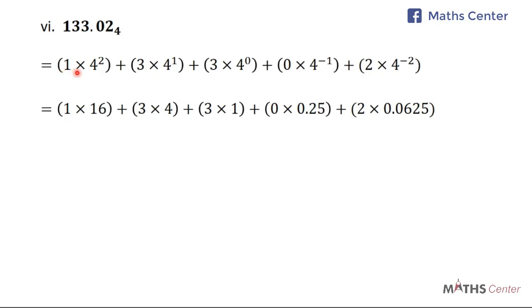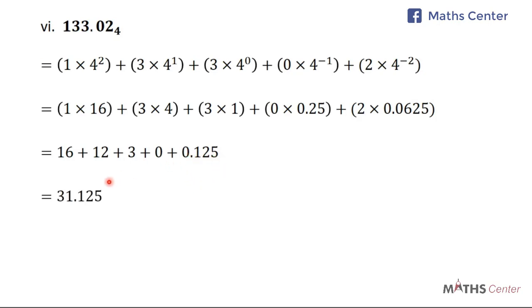So we have 1 times 4 exponent 2, which is 16, plus 3 times 4 exponent 1, which is 4, plus 3 times 4 exponent 0, which is 1, plus 0 times 4 exponent -1 gives us 0.25, plus 2 times 4 exponent -2 gives us 0.0625. 1 times 16 is 16, 3 times 4 is 12, 3 times 1 is 3, 0 times 0.25 will give us 0, plus 2 times 0.0625 will give us 0.125.